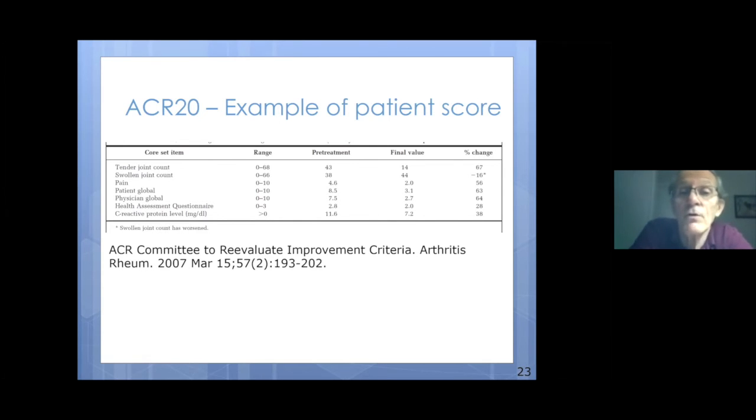In the third column, the score for the patient in pretreatment is given. In the fourth column, the final value for the patient is given. And in the fifth column, the percent change is provided. So for example, for tender joint count, there we found a 67% improvement in tender joint counts. However, for swollen joint count, there was actually a decrease of minus 16%. And so this patient did not reach the threshold for ACR 20.